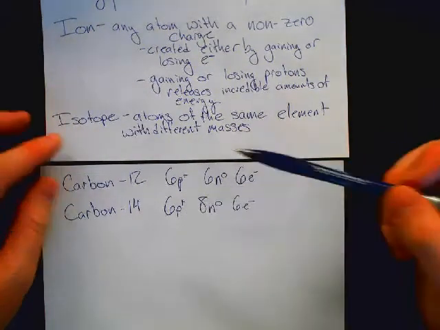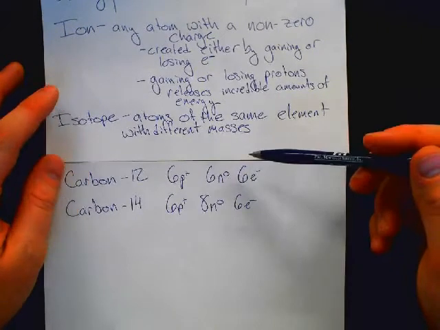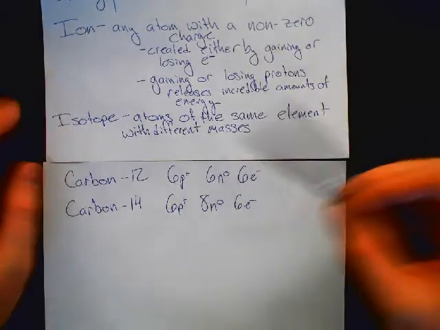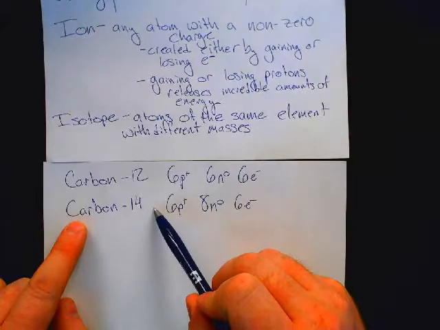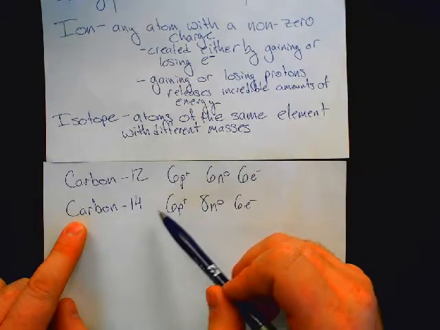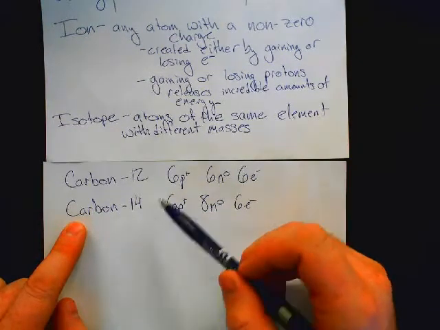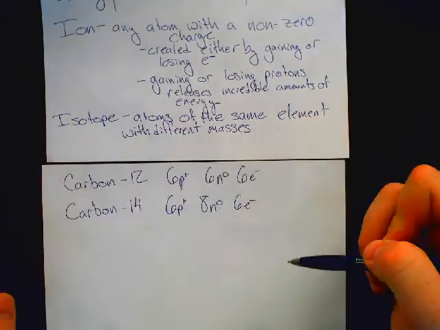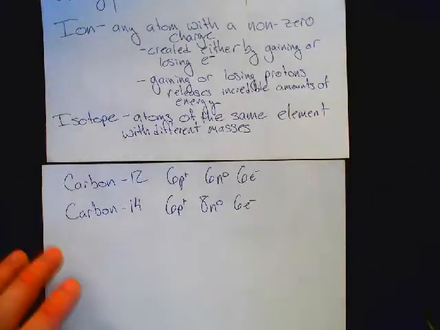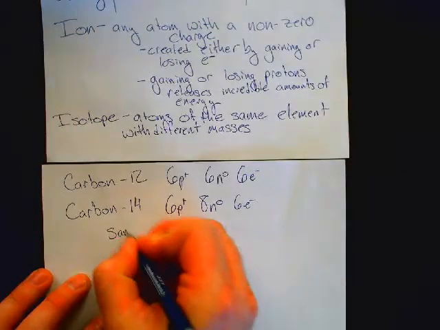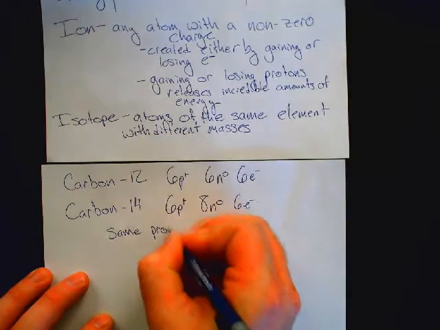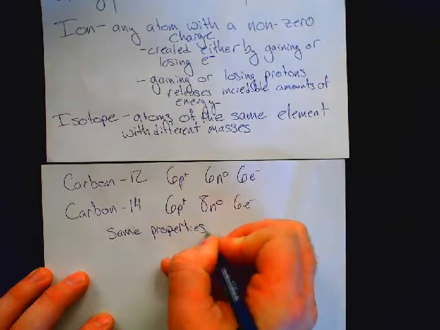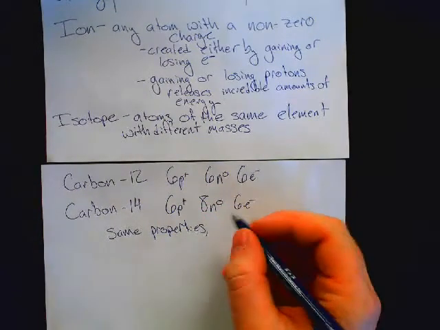And they have the same chemical reactivity, they have a lot of the same properties. However, carbon-14 gets a bonus property of being slightly radioactive, because over time it'll get rid of these extra 2 neutrons and turn into carbon-12. Okay, so same properties, but certain isotopes may be radioactive.